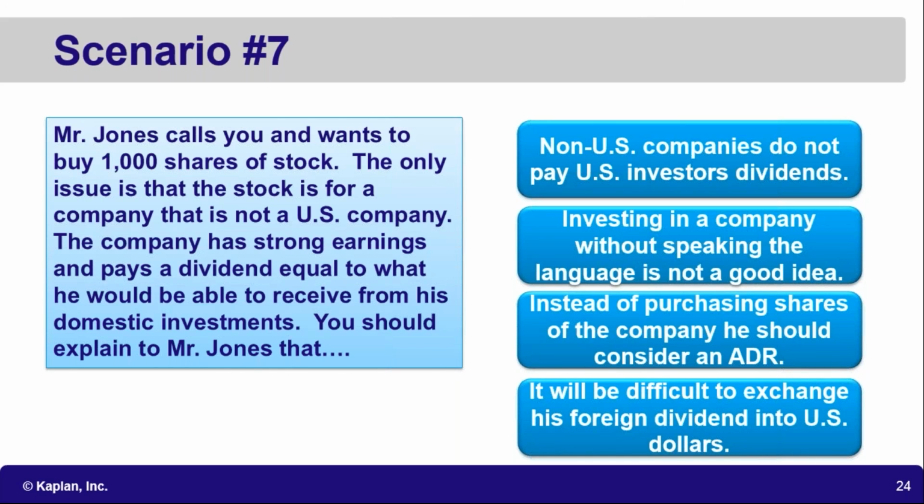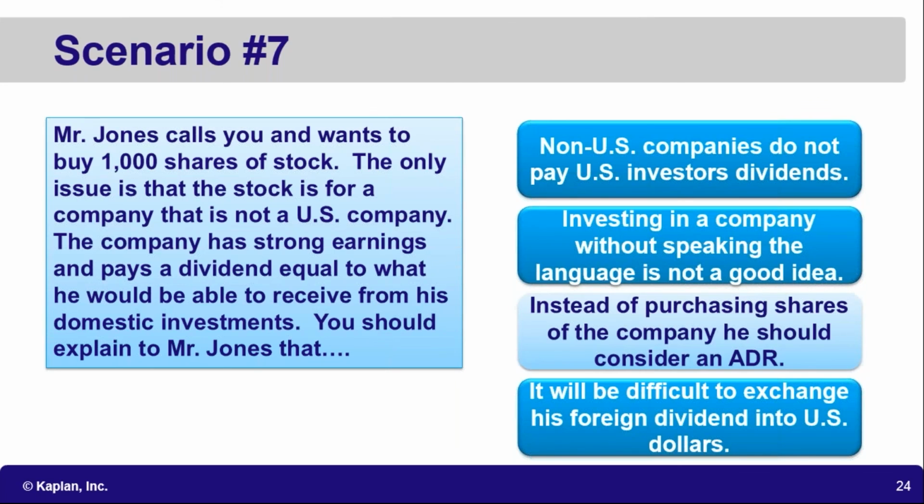No, actually what will happen is the foreign dividend he receives will automatically be exchanged into US dollars, and he could lose money on that deal. If the foreign currency goes down against the dollar, the US dollar being the benchmark for all the major currencies out there, they're going to lose money on that foreign currency exchange. So we do have foreign currency exchange risk. Yeah, ADRs would not be a bad recommendation for this guy if he's looking to purchase foreign stock.